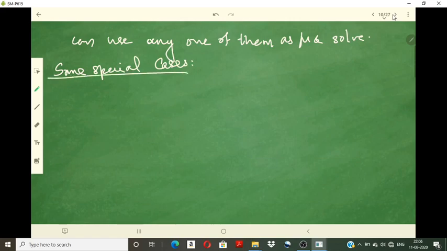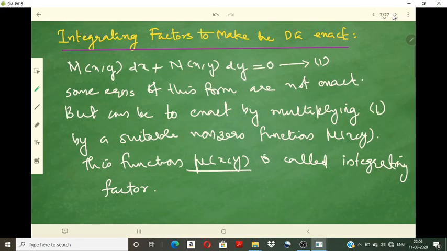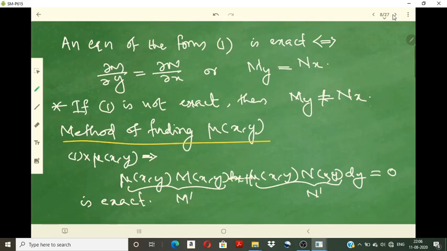Before moving to this, what we have already discussed is that some equations may be in the standard form of the exact equation, but when we calculate M_y and N_x, they may not be equal. But if we multiply the given equation 1 by a suitable function mu of x and y, the transformed equation will be exact.